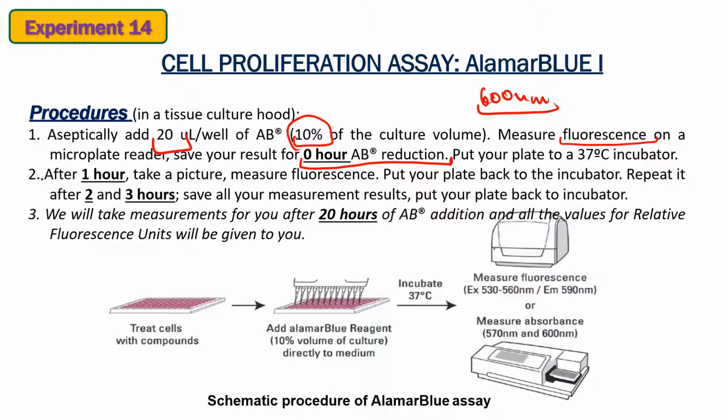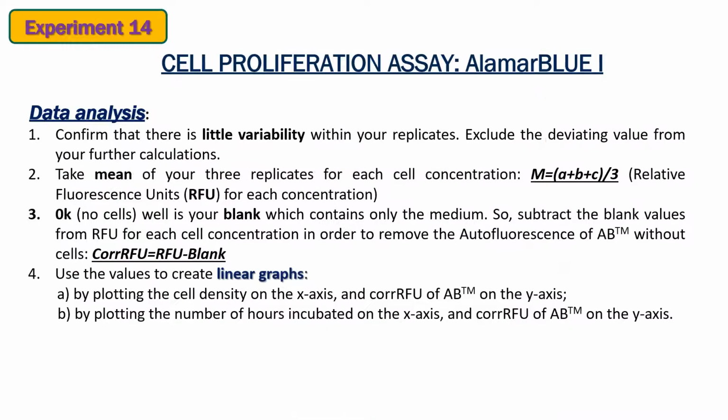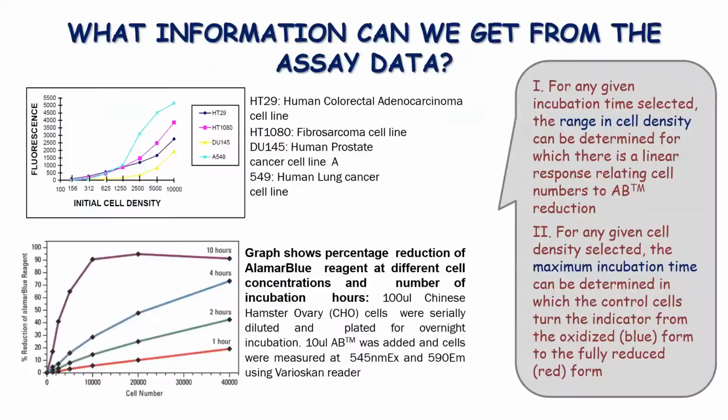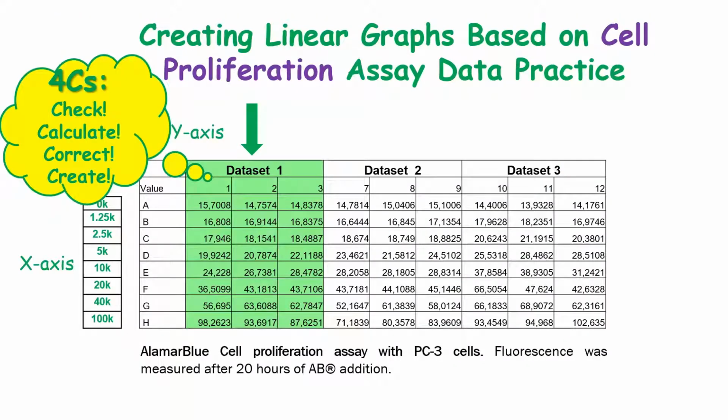Okay, so after 1 hour, you also take one picture and measure the values, as well as the second, third, and 20th hour. So in the end, you will have lots of data that you need to process, and these data will look like this. So you have all those fluorescence intensities for each of the wells, and you already know that you have the triplicates.